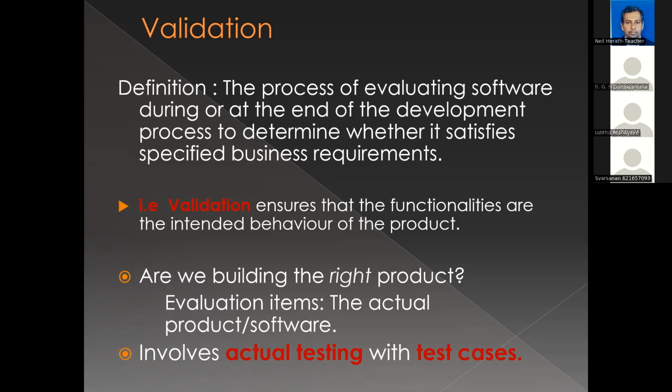And it is always compared with the business requirement. You can also say that validation ensures that the functionalities and the intended behavior of the product are there. And the question we ask for validation is, are we building the right product?